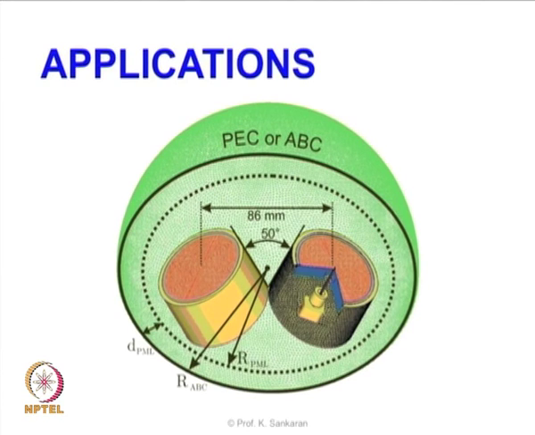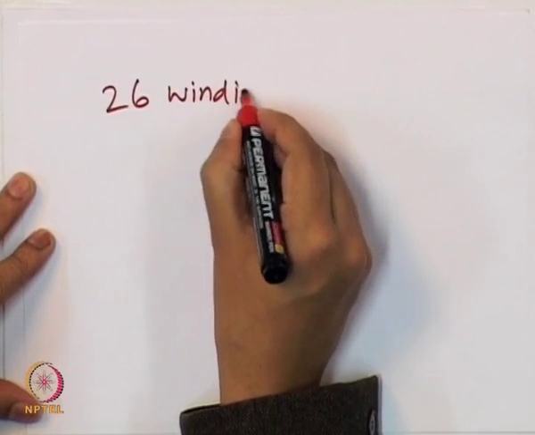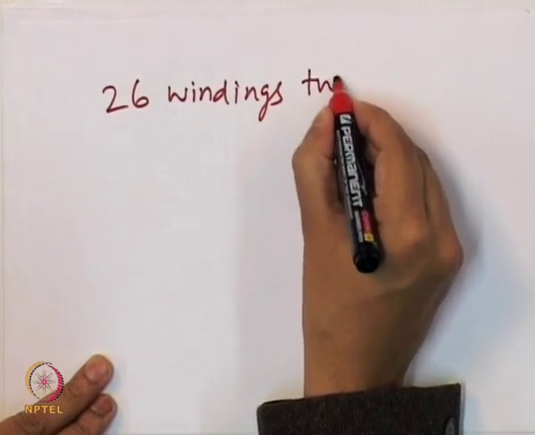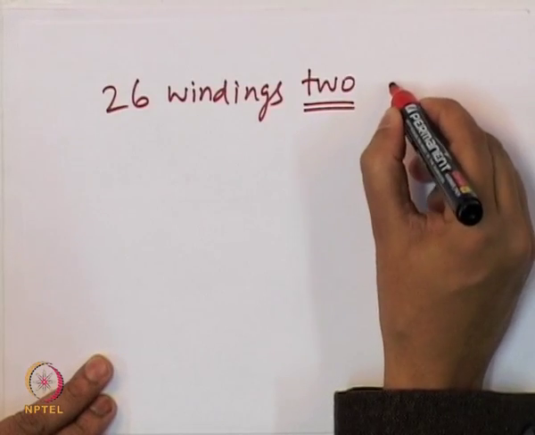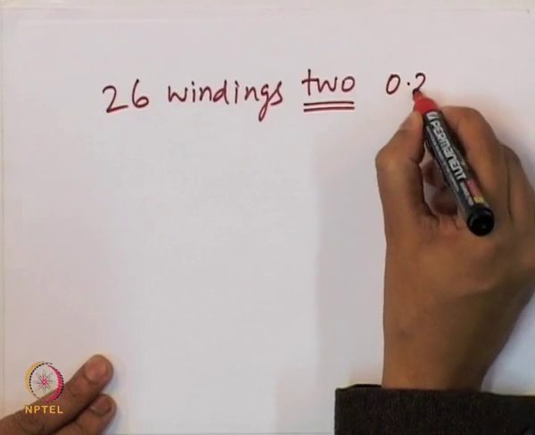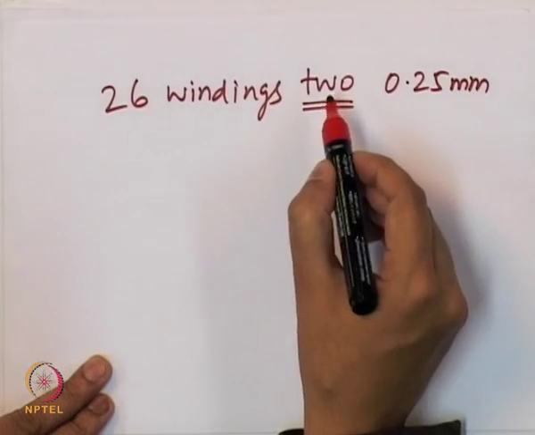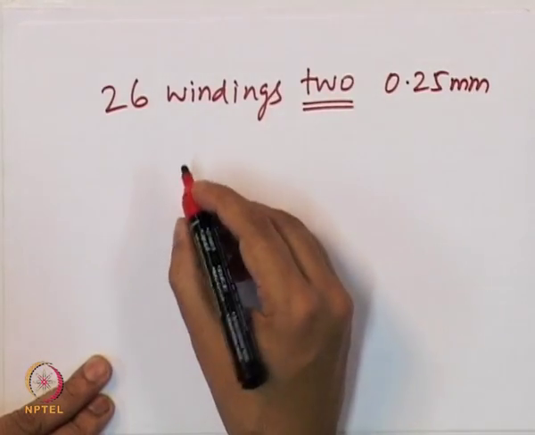So we have totally 26 windings, so 2 sets of windings, and each of the windings has a width of 0.25 mm.